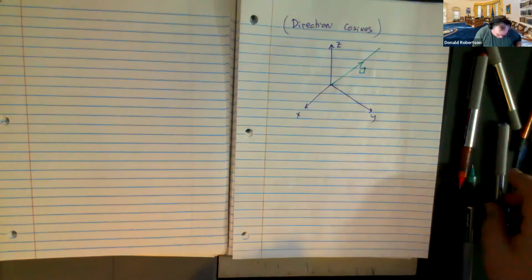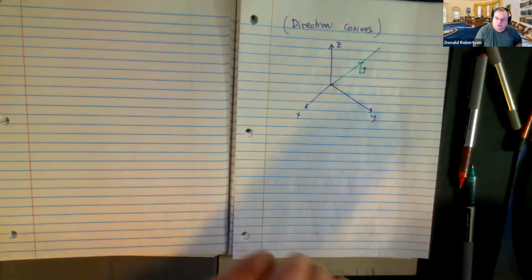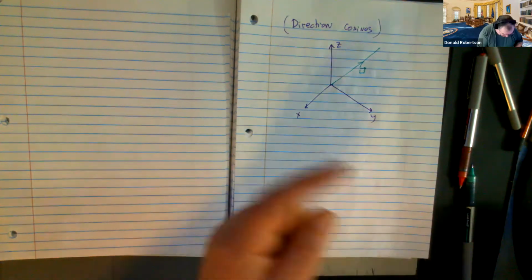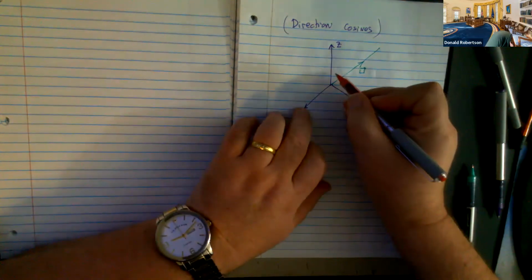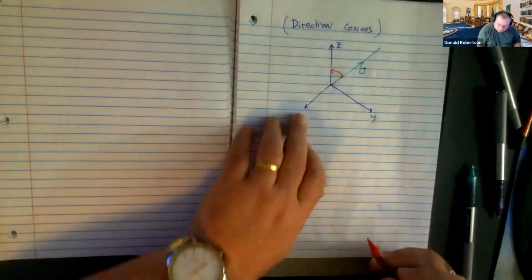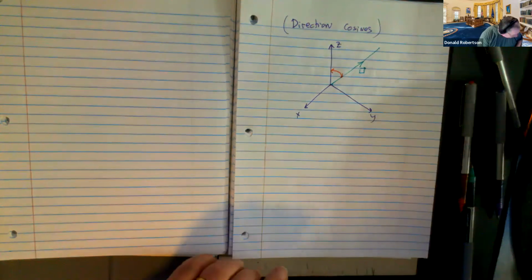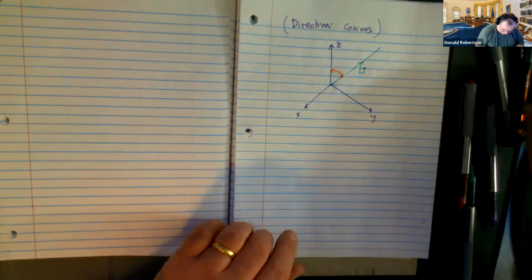This vector makes 3 different angles. One with the X, one with the Y, and one with the Z axis. And this is where it gets ugly. That's the angle it makes with the Y axis. Maybe if I try different colors, although I don't have that many colors to play with. Well, this one will do.